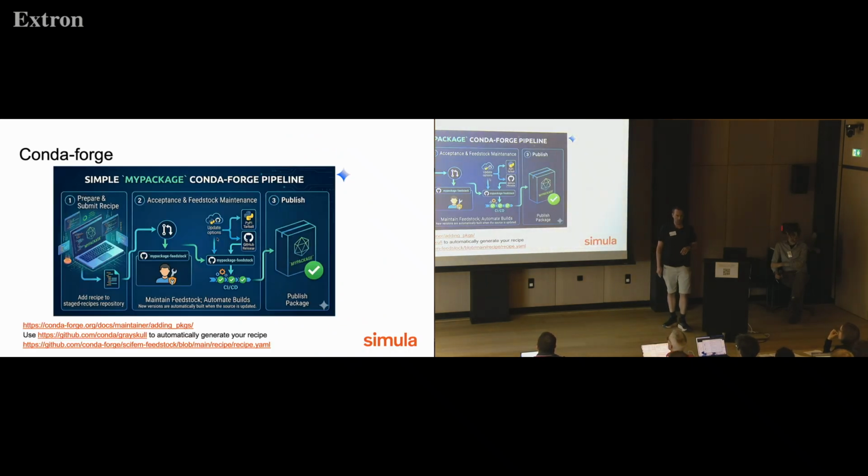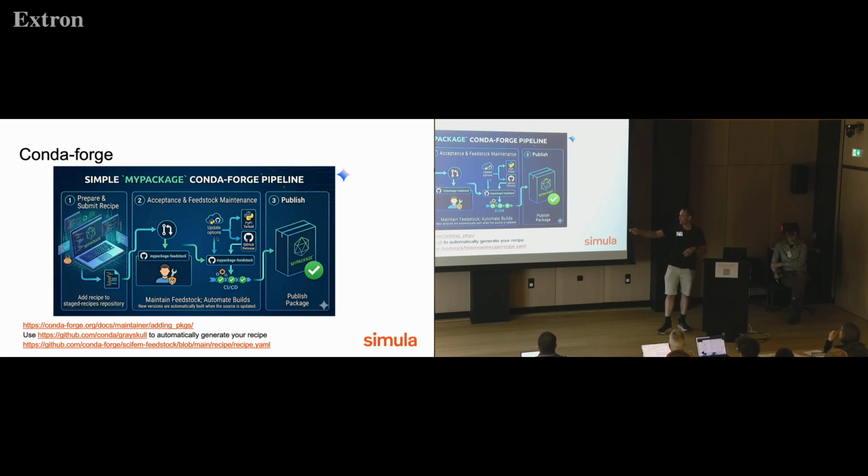For Conda, we also try to ship Conda packages on conda-forge. Here is a Gemini version of how to add a package to Conda. You basically start with building what's called a recipe, and then you fork the conda-forge staged-recipes repository and make a pull request. That's basically the pipeline, and then you will need to make sure your package builds, and then it can be merged into the conda-forge repository.